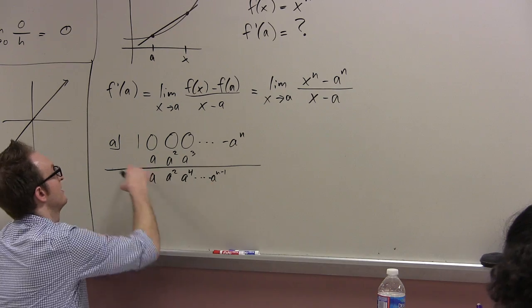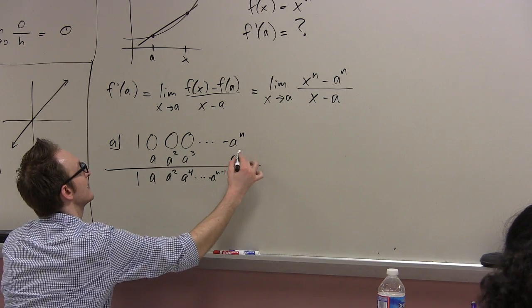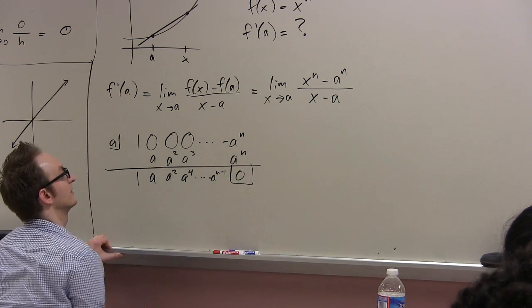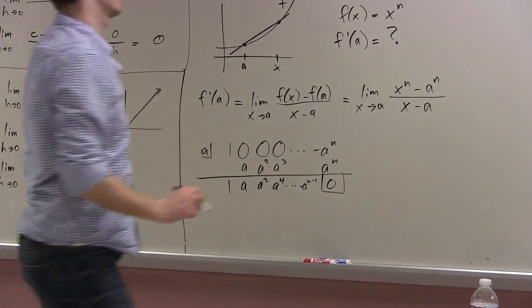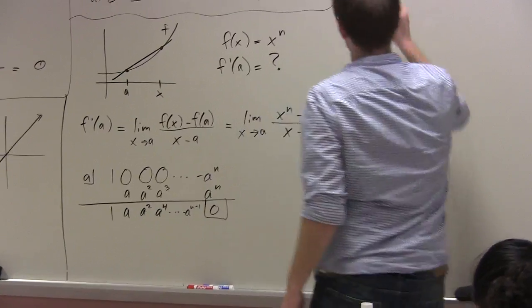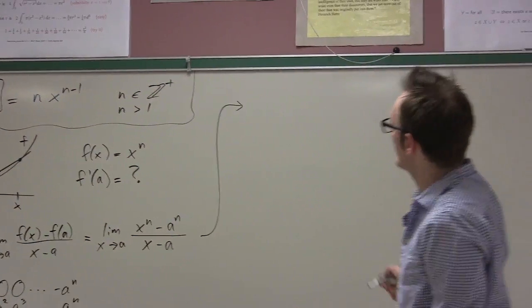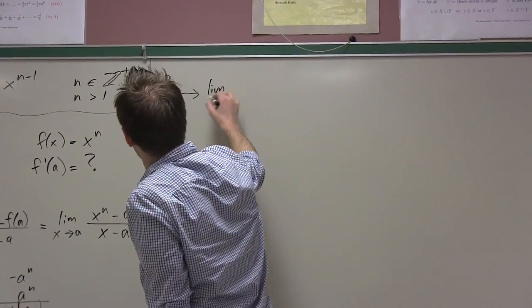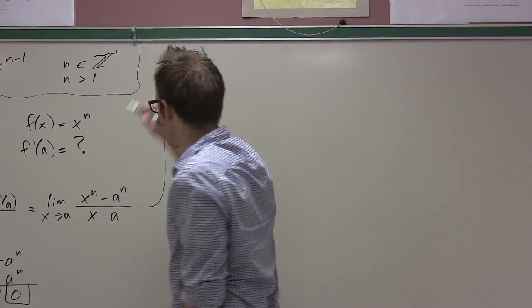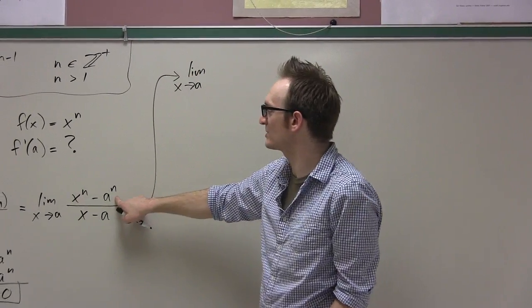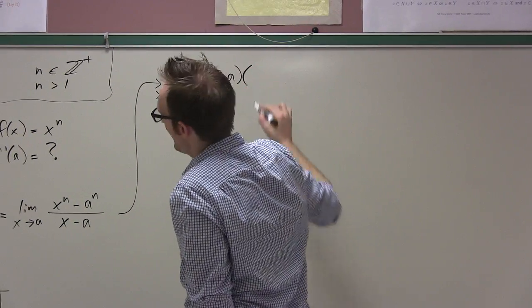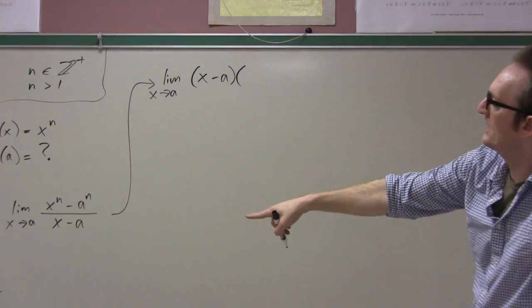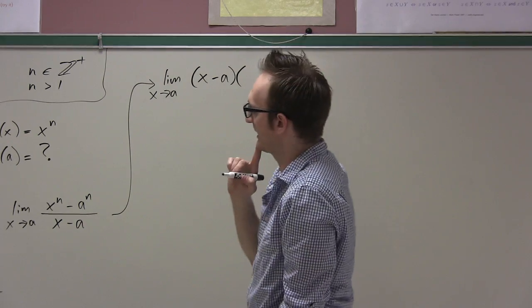And then we'll get a to the n, and we'll get 0. All right. So, in computing this limit, I just showed that, using a sort of algebra fact, I can factor this polynomial as x minus a times, now I have to interpret that last line. What is that, I guess?